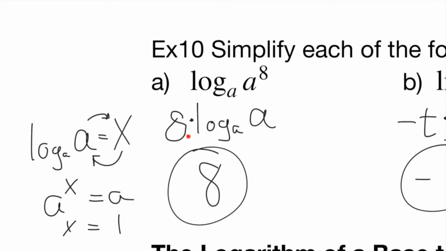You have 8 times log of base a of a. And log of base a of a, let's just figure out what that is. You might remember, but I'll just do it again. We can convert this into exponential notation from logarithmic notation. Just switch these around, and you get a to the x equals a. Well, x has got to equal 1 if this equation is going to be true. So all of this is equal to 1, and 8 times 1 is just 8.